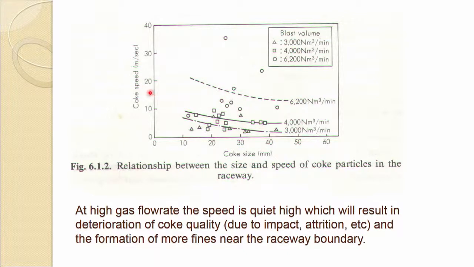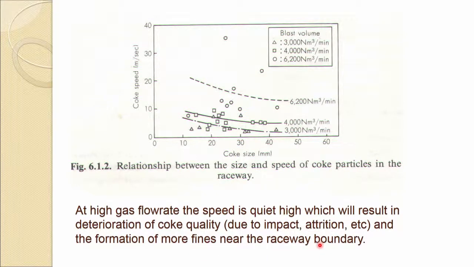So, it is between 10 to 20 meter per second, and with this sort of velocity, when the coke particles are travelling, there would be a very high impact. So, at high gas flow rate, the speed is quite high, which will result in deterioration of coke quality due to impact, attrition, etc., and the formation of more fines near the raceway boundary.